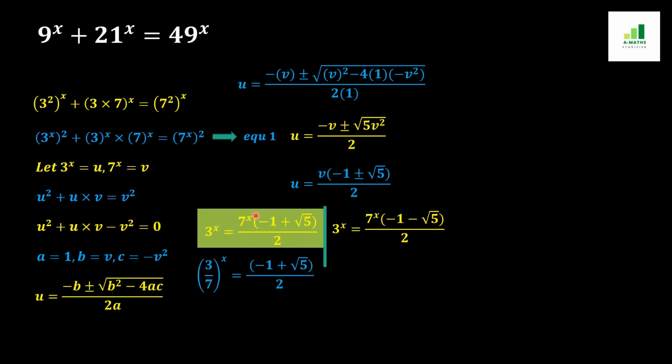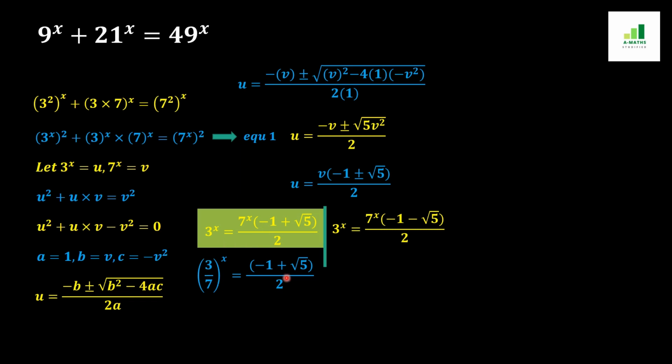Now in the next step, this 7 to power x will go in division with this 3 to power x, and we will write this fraction in one bracket which has power x, because from the basic rule of algebra, if two values have the same power, they can be written in one bracket with one power, and the other side of the equation will be equal to minus 1 plus under root 5 over 2.